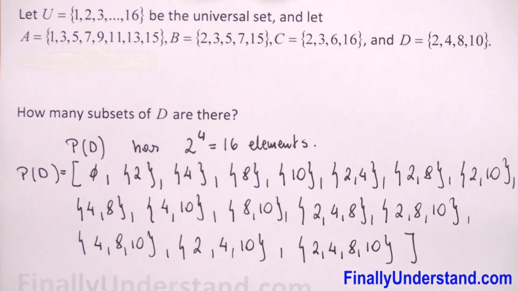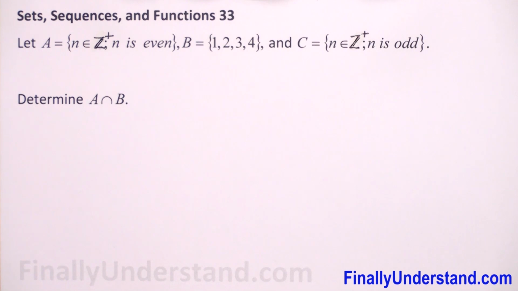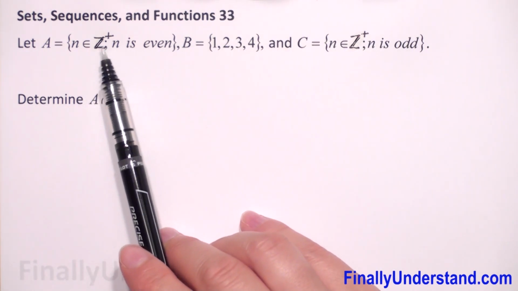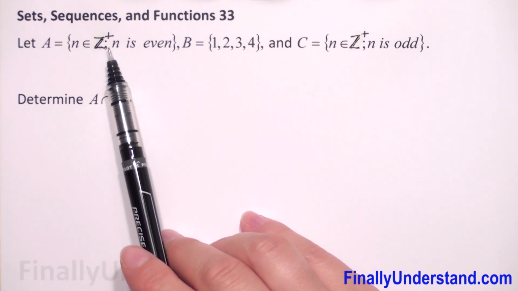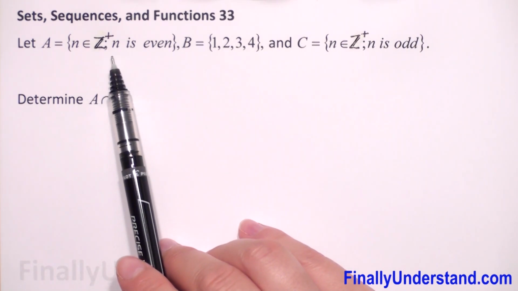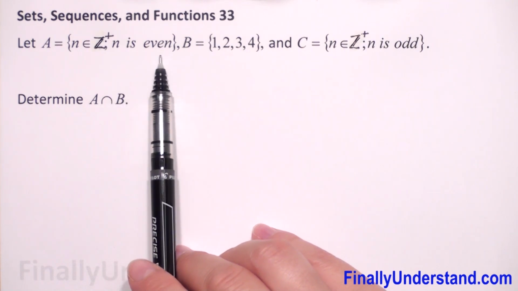This is my solution. We have given set A, and set A has elements N which belong to Z plus. It means we have here only positive integers, and N is even.